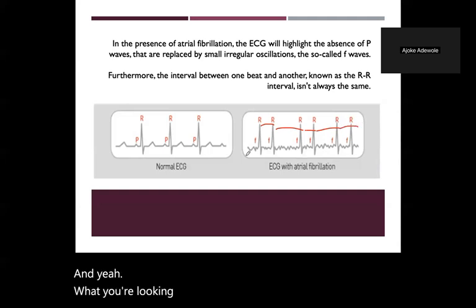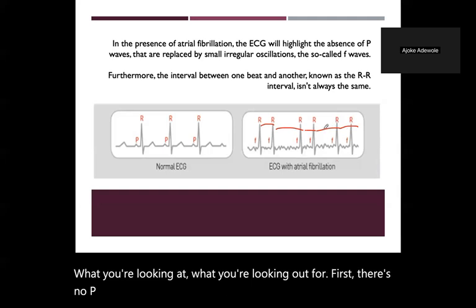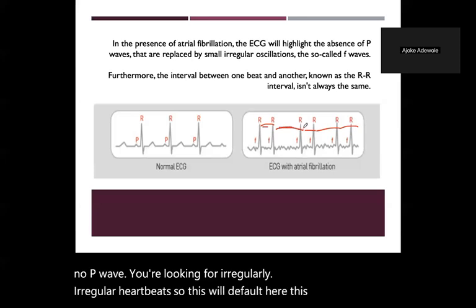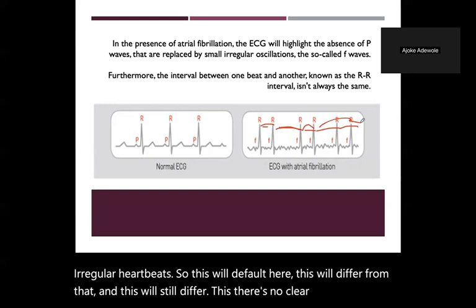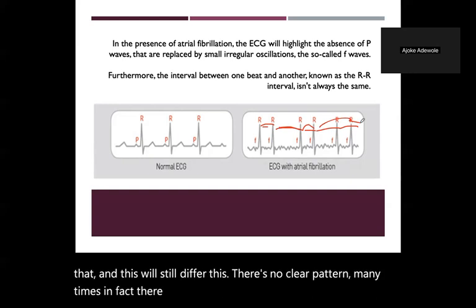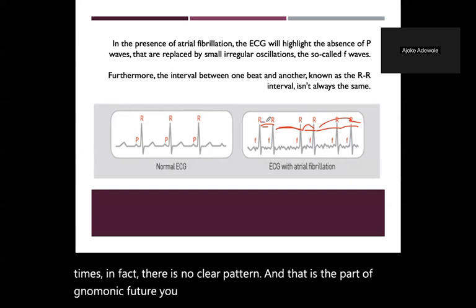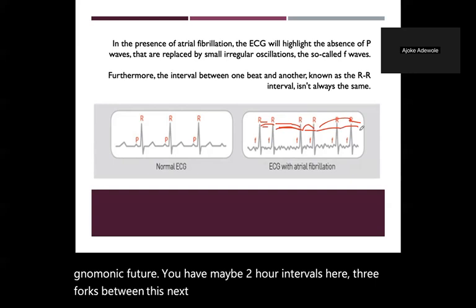What you're looking out for first: there's no P wave. You're looking for irregular heartbeats. So this will differ from here, this will differ from that, and this will still differ. There's no clear pattern many times. In fact, there is no clear pattern, and that is the pathognomonic feature. You have maybe 2 boxes here, three boxes between the next, four, 1.5, 2.3 boxes, and that's what you will find.